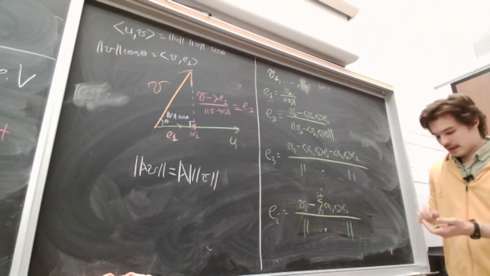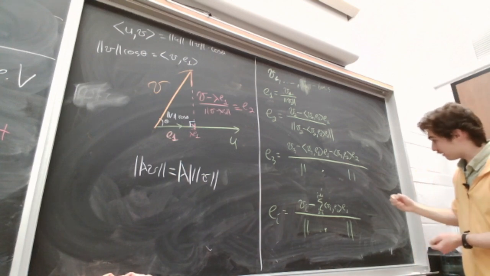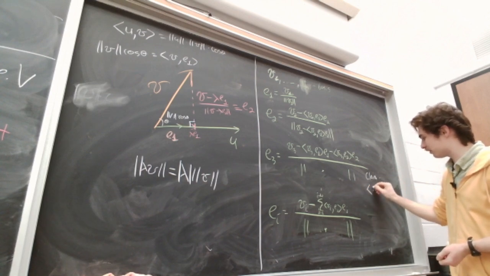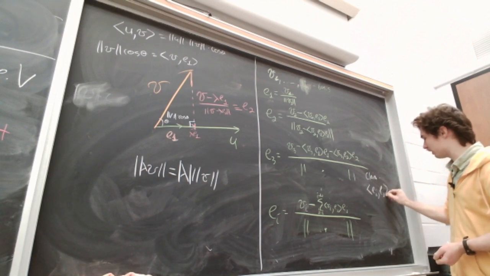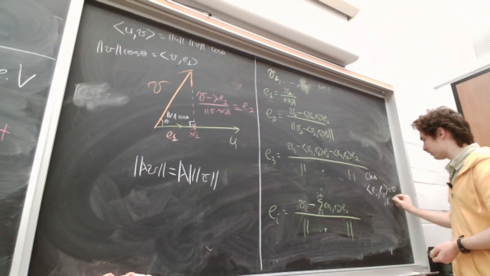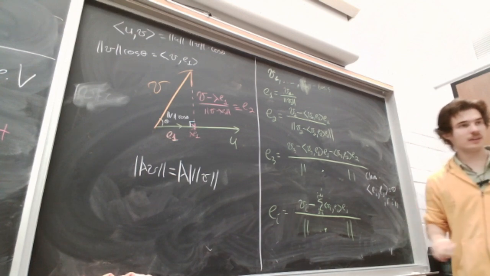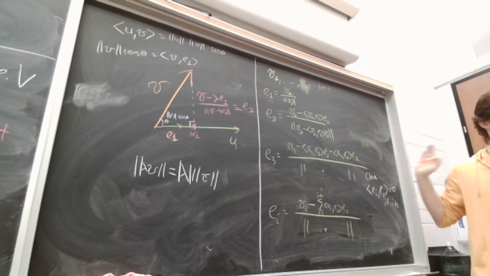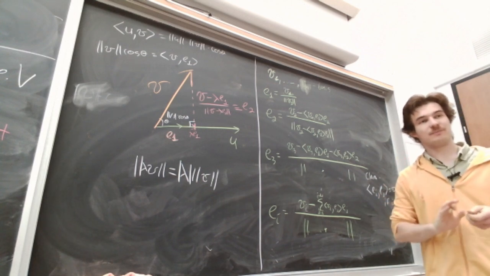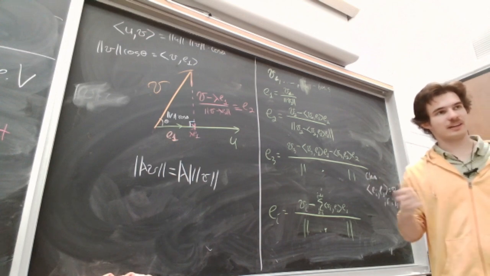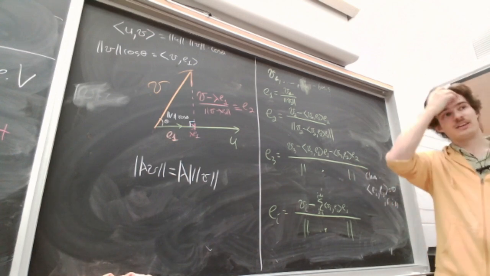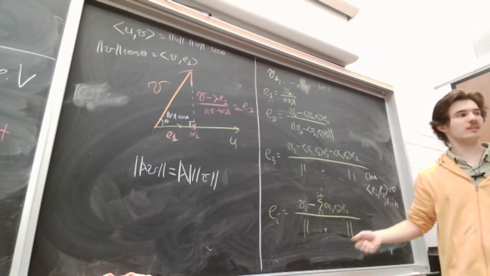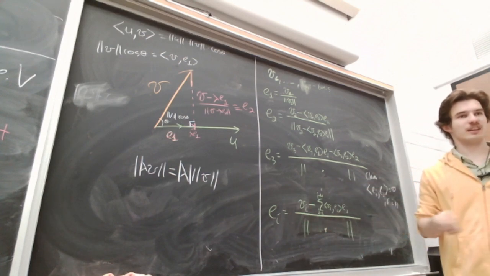And so my claim is that the inner product of e_i and e_j is equal to 0 if i is not equal to j, and 1 otherwise. I will not prove this right now, but you will prove this in an exercise. It's really not that hard. You will just plug in this formula and then plug in a different j into it, and show that everything cancels and you get 0.